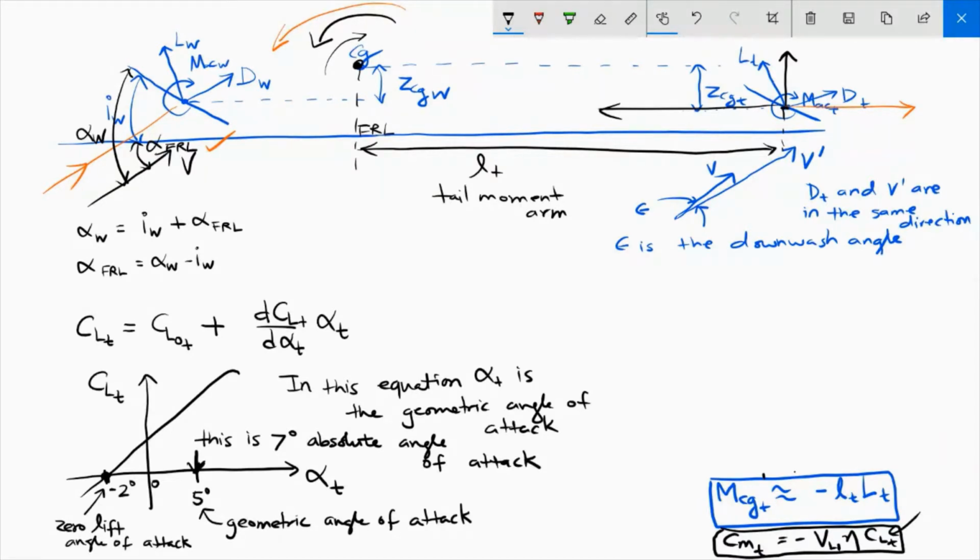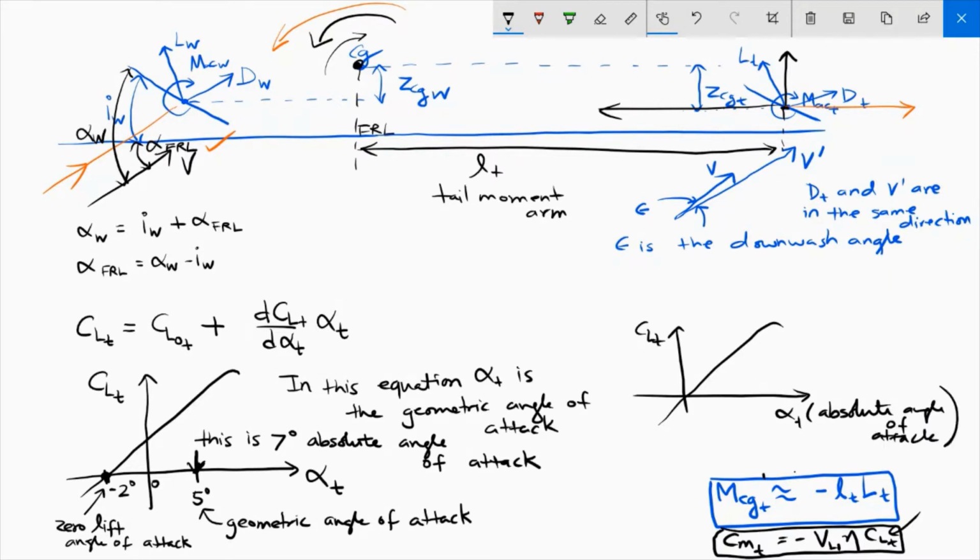So instead of sketching CLT as a function of the geometric angle of attack, I could also sketch CLT as a function of absolute angle of attack. So when I do that, the plot will always pass through the origin when I express the x-axis as absolute angle of attack. Okay, because we are defining 0 at a point where the lift is 0.